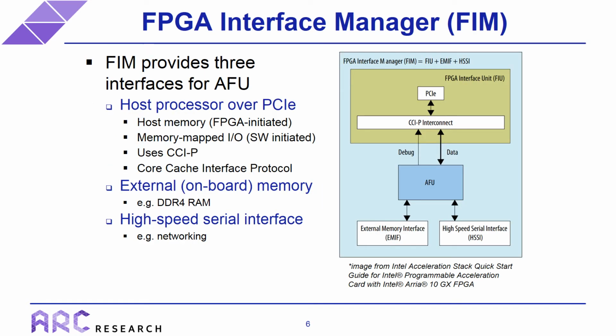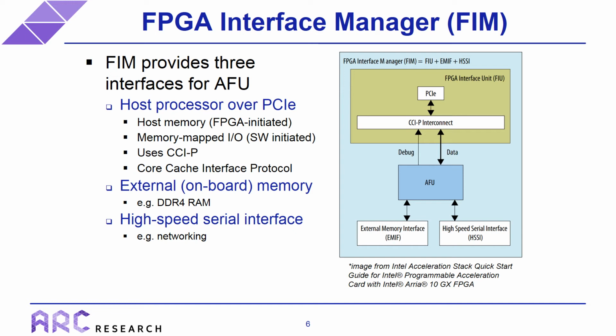So this slide just takes a closer look at this FPGA Interface Manager. It essentially provides three interfaces for the AFU. The first one is an interface to the host processor over PCI Express. Now, this interface provides several different communication mechanisms. One is that it gives the FPGA access to the host processor's memory.